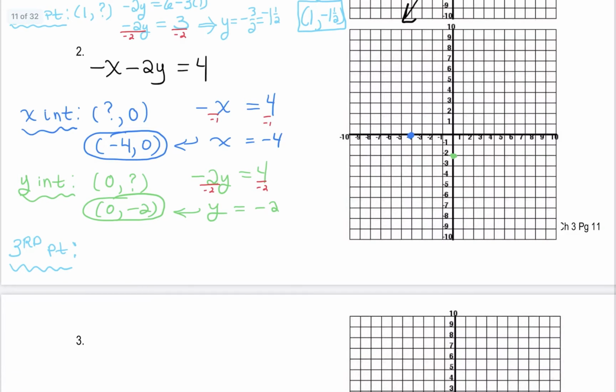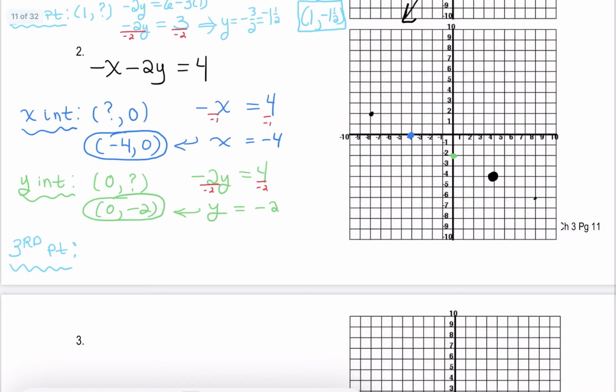I'm going down 2 and to the right 4. So what happens if I go down 2 and to the right 4 again? Or if I go up 2 and to the left 4? I might take one of these points for my third point.